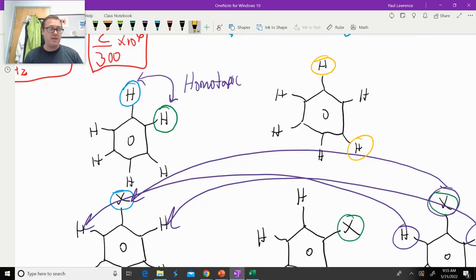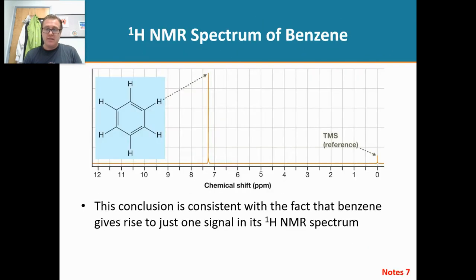Those are homotopic, giving us one signal. And if you did this for every single hydrogen and in every single combination, you would see that it gives us one distinct signal because all 6 of those protons are equivalent. So that is the replacement test.